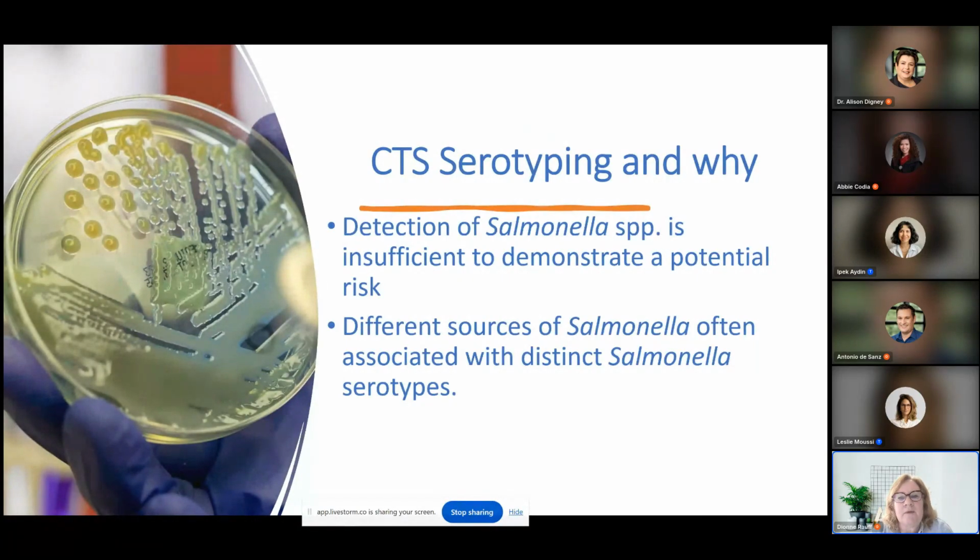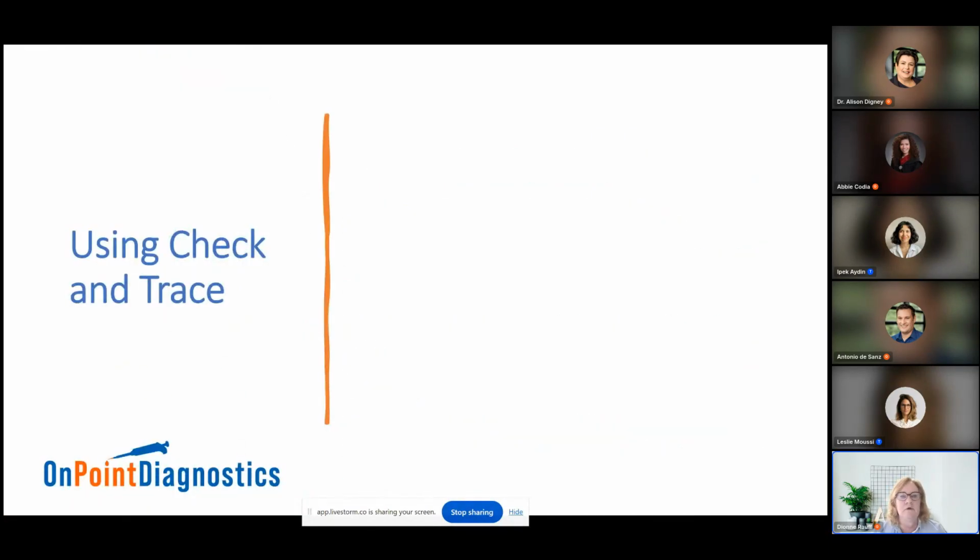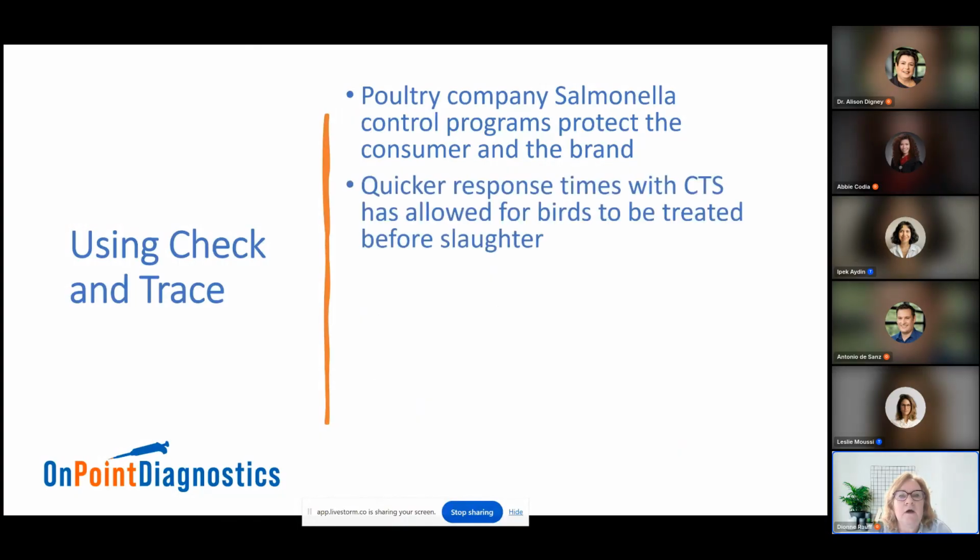Different sources of Salmonella are often associated with different serovars, as I mentioned in the previous slides. And it's essential to know which serovar is involved to enable you to trace it back to the source to control the Salmonella. How do we use check and trace with that?